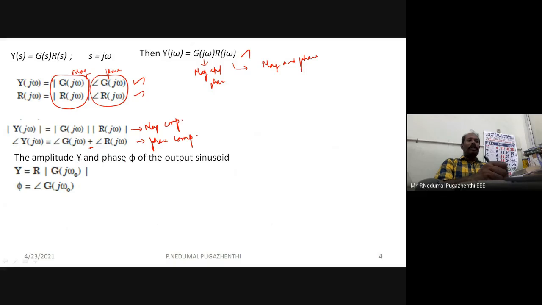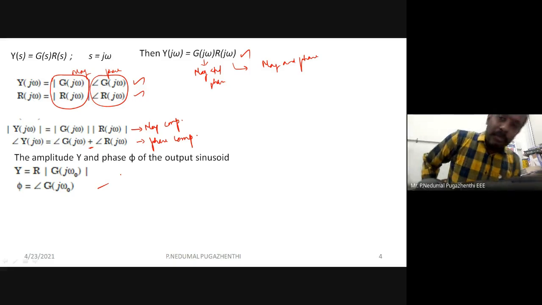So the amplitude Y is equal to R into the magnitude of G of j omega, and phi is equal to the angle of G of j omega. This is what we have been saying. Since it is a complex term which involves a sinusoidal function, it has both magnitude variation as well as a phase change. And if you vary your frequency and are able to capture the dynamics both in terms of magnitude and the phase difference, then you can plot the responses, and from the responses you can obtain the frequency domain specifications, and finally you can comment about the system's performance or character.